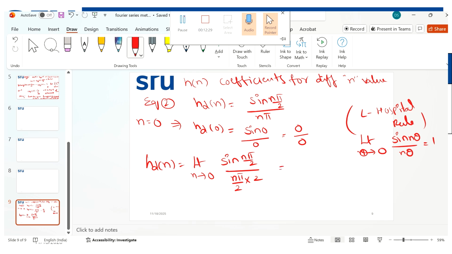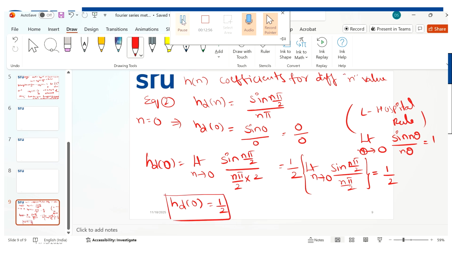Therefore I have 1 by 2, which is a constant, limit n tends to 0, sin n pi by 2 divided by n pi by 2. Overall this limit will be equal to 1. That is, the very first value, hd of 0 for n equal to 0, is 1 by 2.